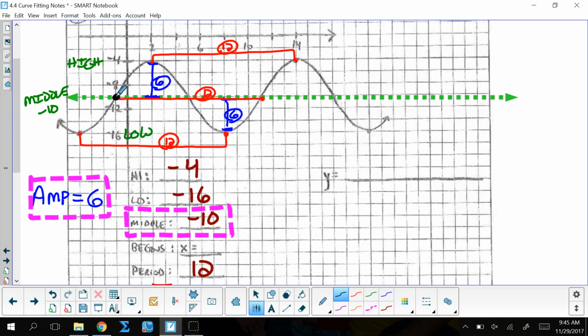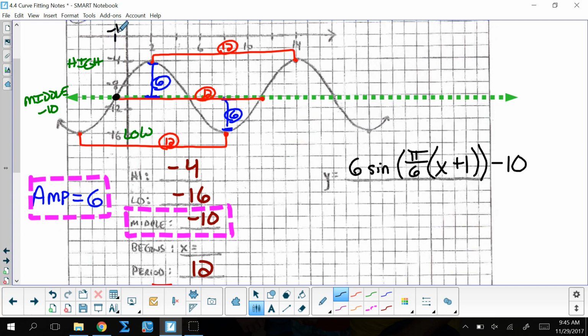My equation would be y equals 6 sine of, my b value was pi over 6, times x minus -1, minus 10. Because that's my start. My start is at -1.